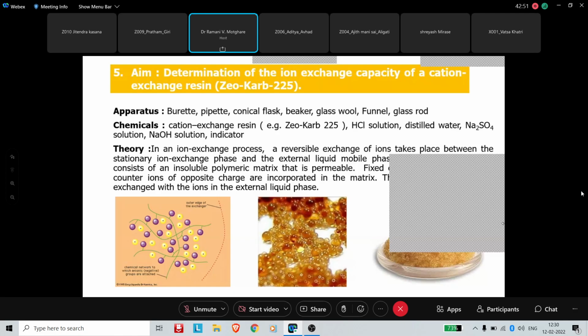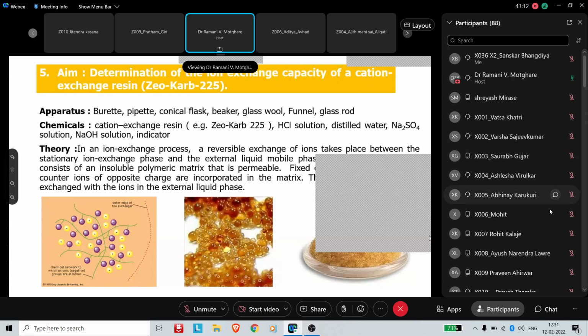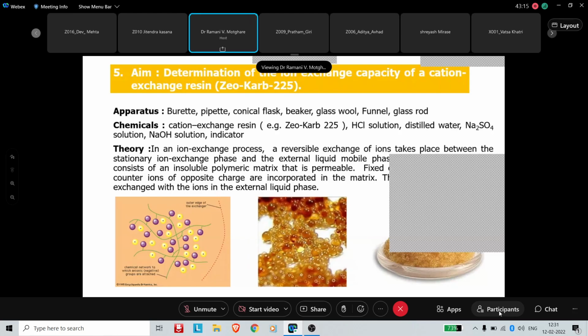So 7 and 11 are absent. Okay. Then 13, present, ma'am. 14, 15, present, ma'am. 16, yes, ma'am, present. 17, present, ma'am. 18, present, ma'am. 19, present, ma'am. 20, present, ma'am. 21, present, ma'am. 22, 23, ma'am.